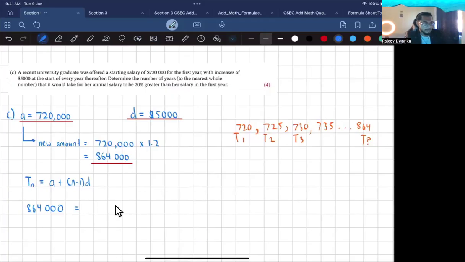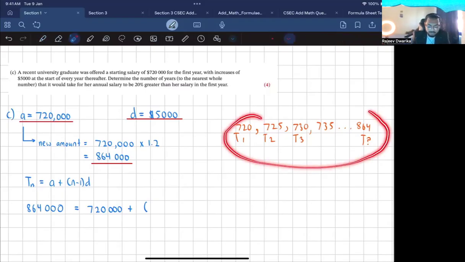Tell me, Kiara, what's the first term? 720,000. Right? Do we know what n is? Do we know what the number of the term is? You sure about that?